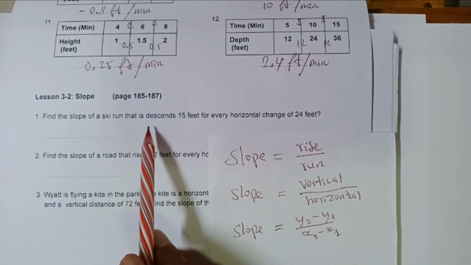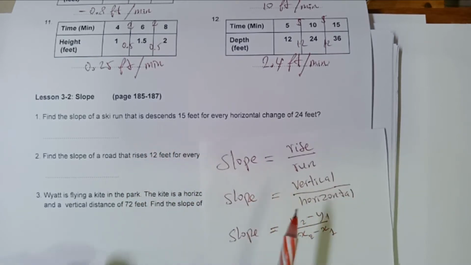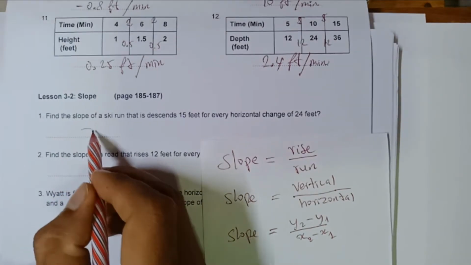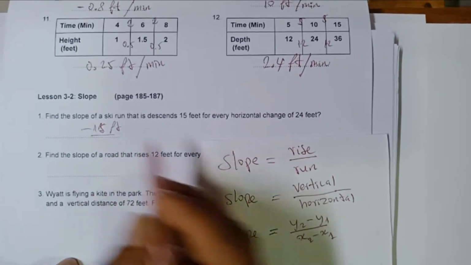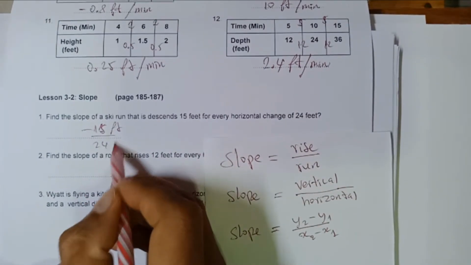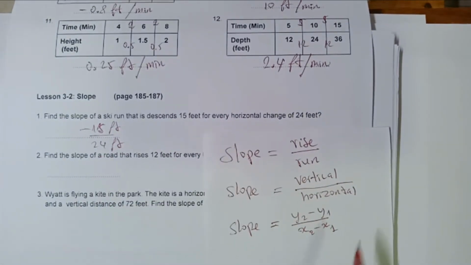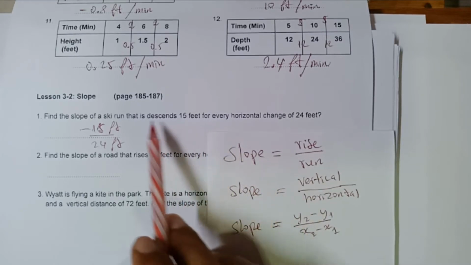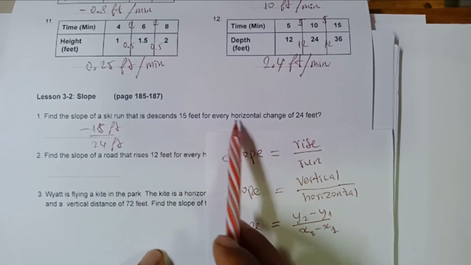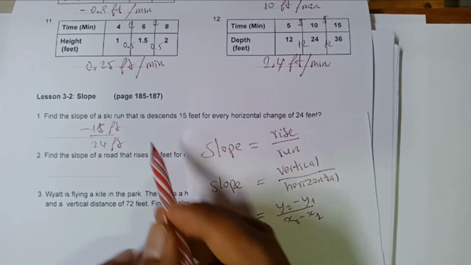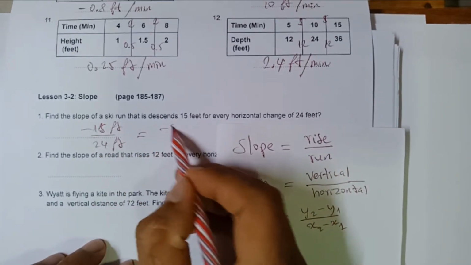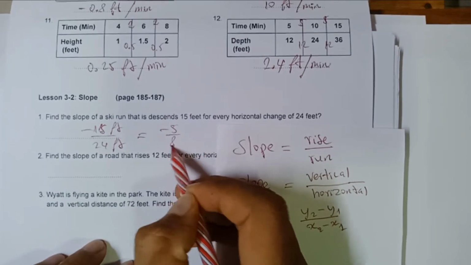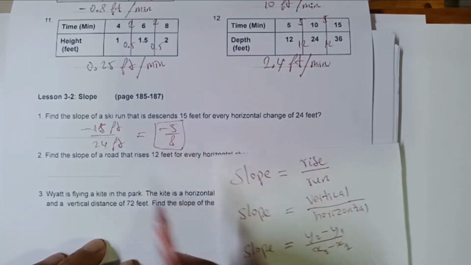Since this is descending, it should be negative, so you have negative 15 feet over 24 feet. If you simplify by 3, you have negative 5 over 8. That's the slope.